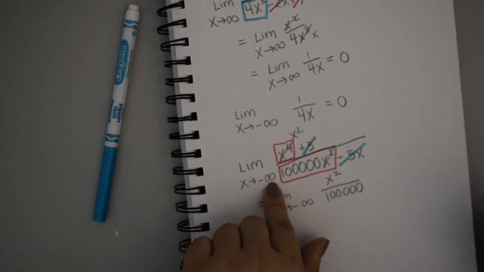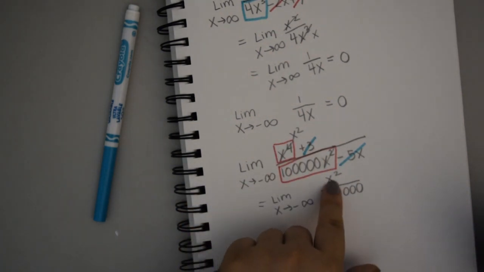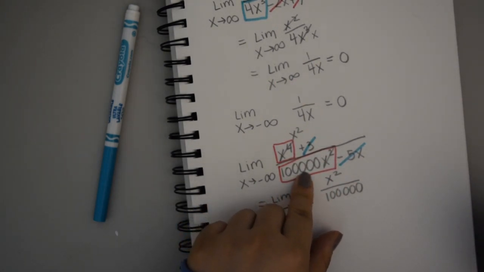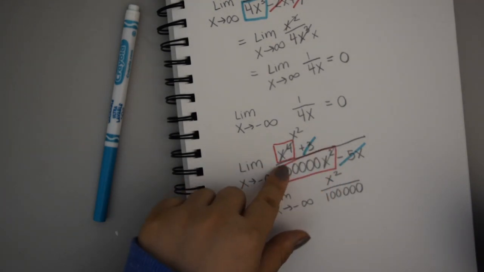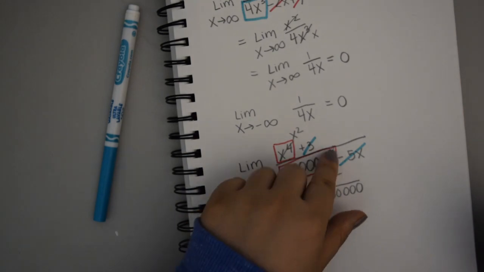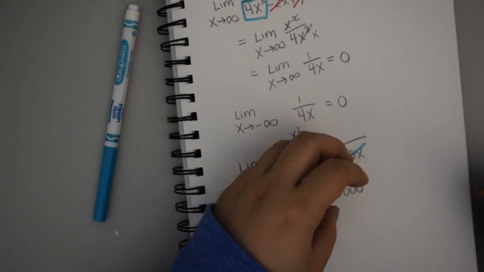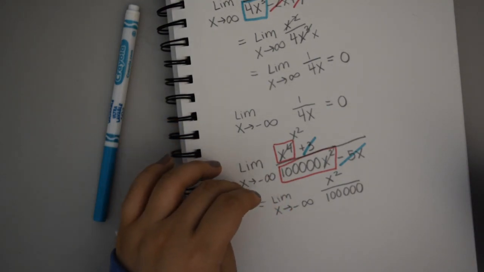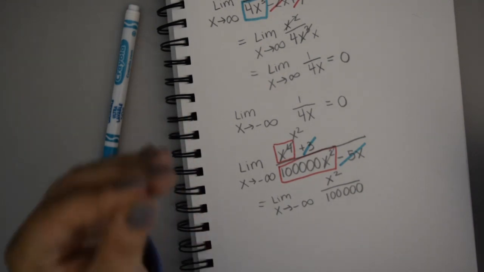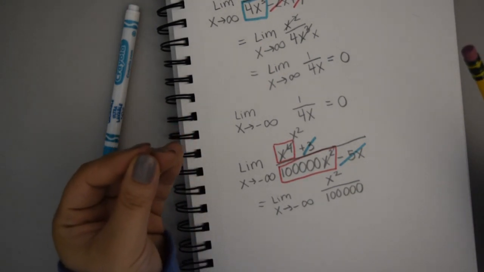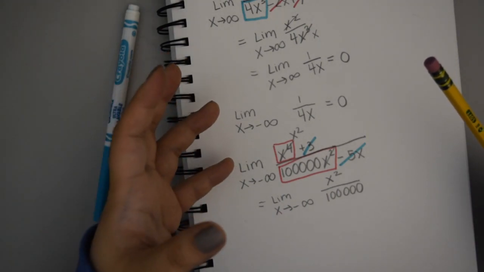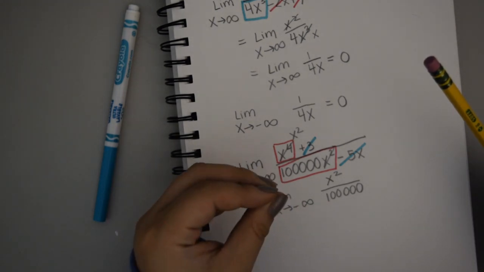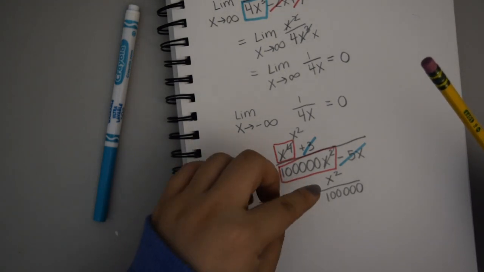Now, just because this coefficient looks really big, 100,000, that's still, even 100,000 times x squared still doesn't outpace or outweigh my x to the fourth. Why? Because we're looking at the context of x being negative infinity. Infinity is not a number, but it being infinitely negative is so much larger than even 100,000.